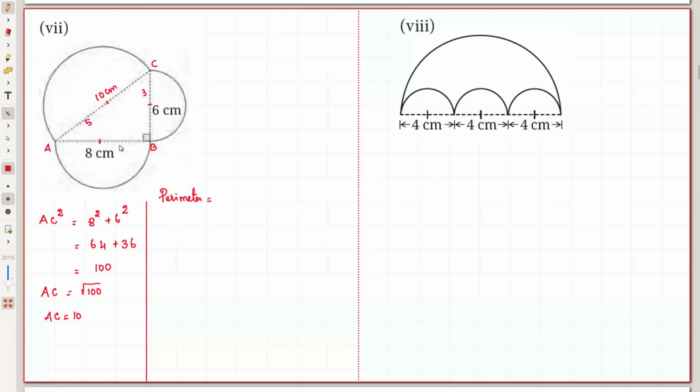For this, diameter is 8, so radius is going to be 4. So 3 semicircles with different radii. Now length of an arc with radius 3, length of an arc with radius 5, length of an arc with radius 4. So perimeter is nothing but the length of an arc.